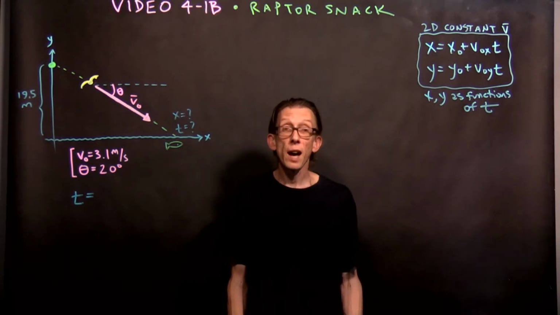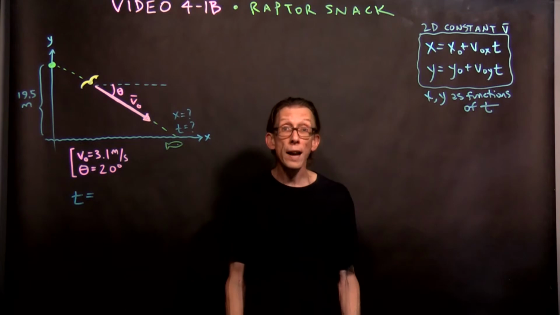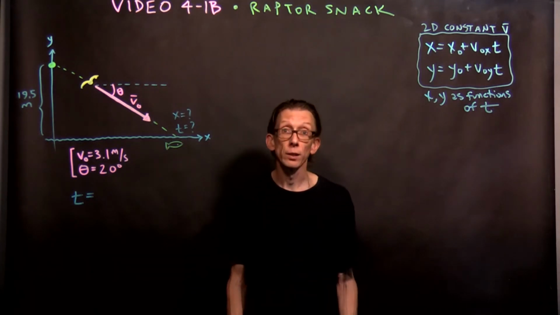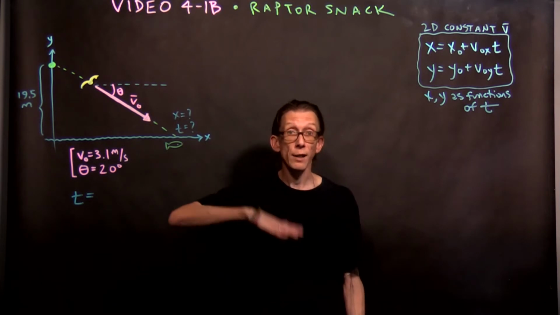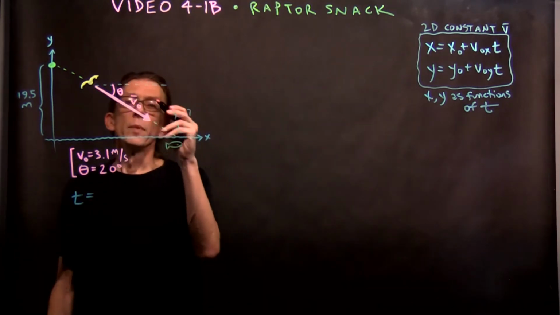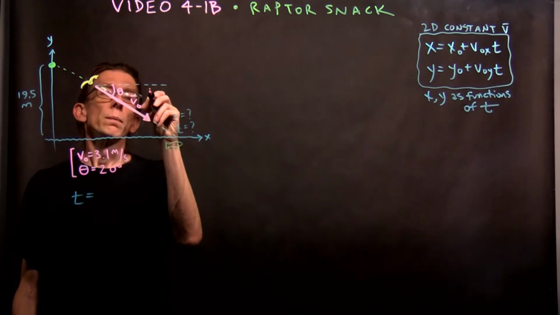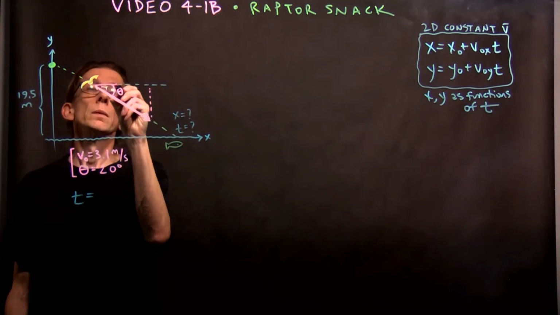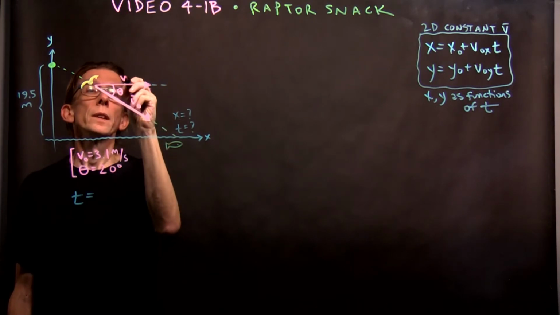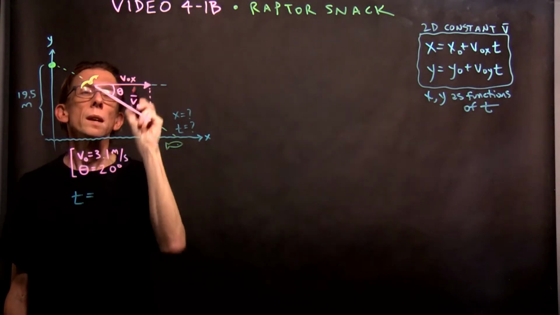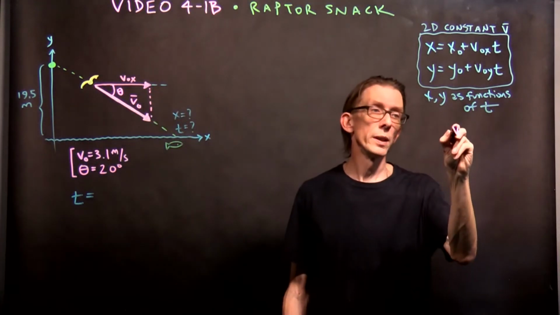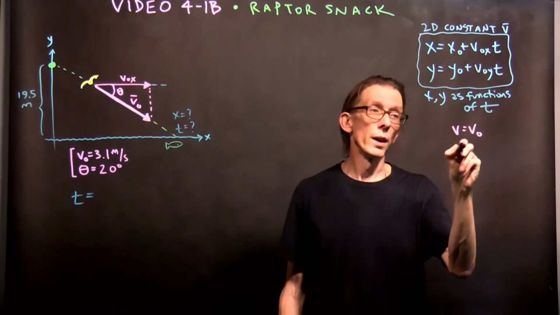That velocity vector has a y component and an x component, just like every other vector that doesn't lie along any one of the axes. Its x component is right here, V naught x. And remember, this is a constant velocity problem, so v and v naught are the same.